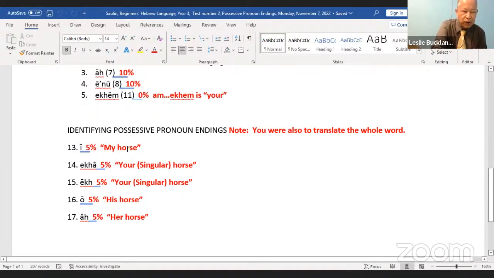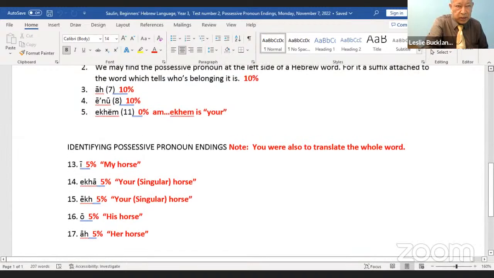And then the other 5% would have been the translation of the noun with its possessive pronoun ending. And you would have gotten another 5% here, another 5, another 5, another 5, and another 5. Actually then, 65, 70, 75, 80, 85, 90, you'd have gotten 90% for your test.